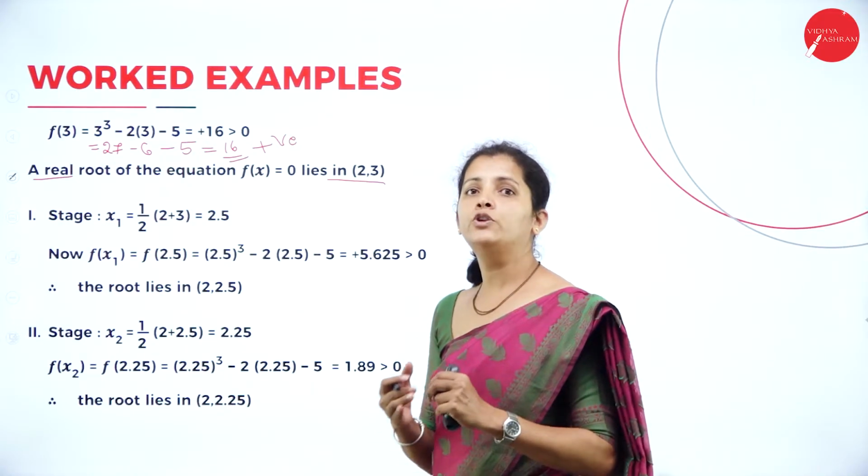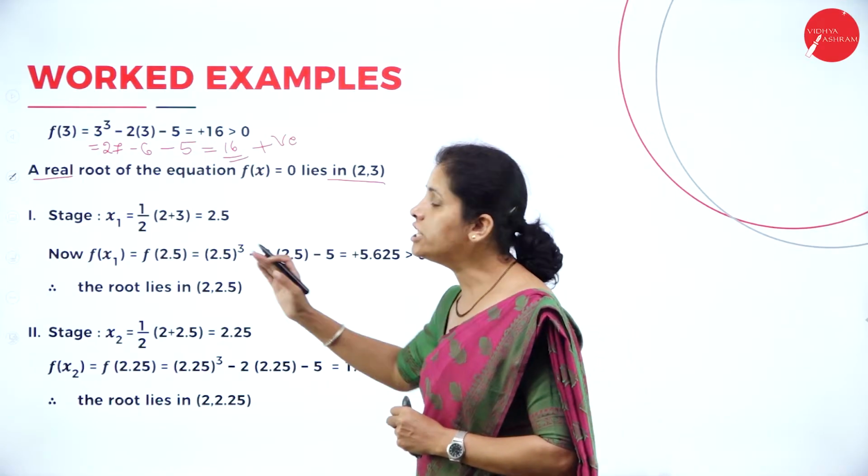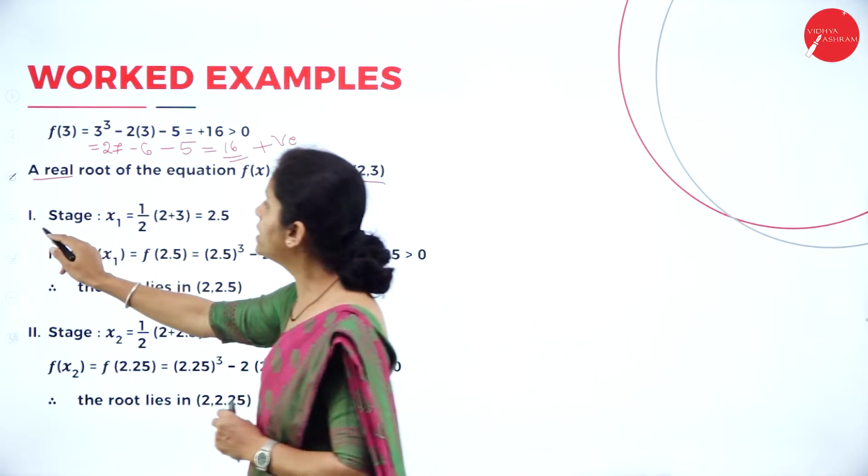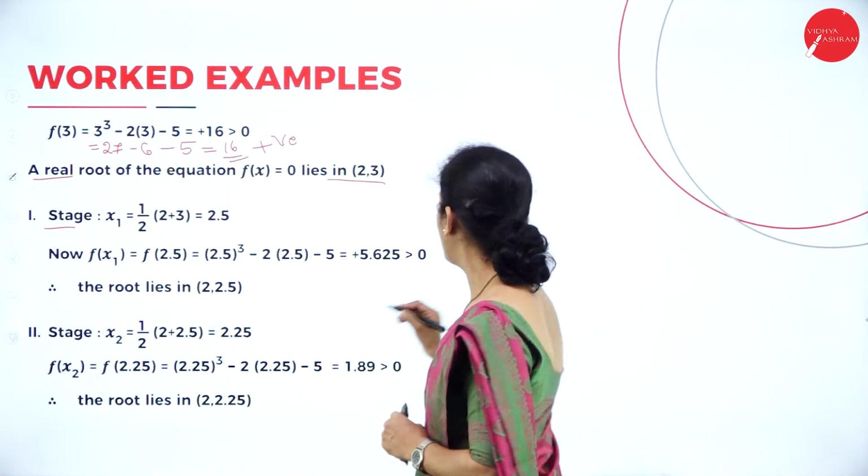Now, I'm going to perform the trial and error method for each stage. Here, what is a stage? It is nothing but the iteration. And what is my formula?